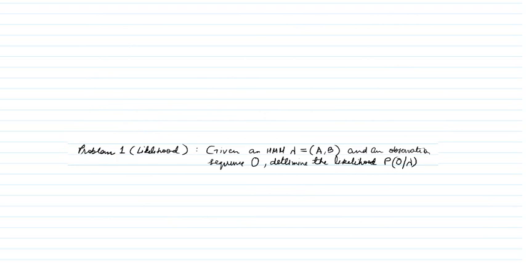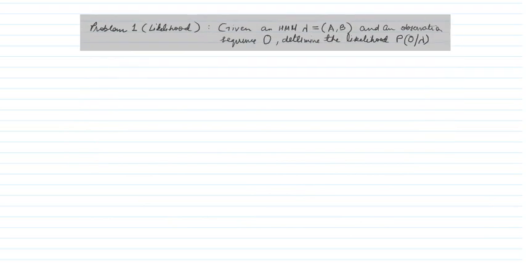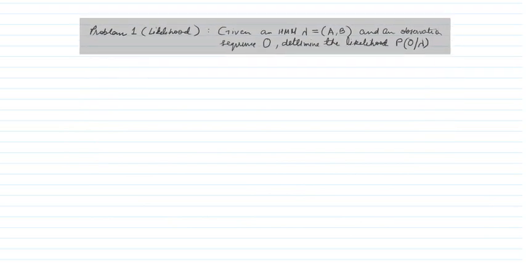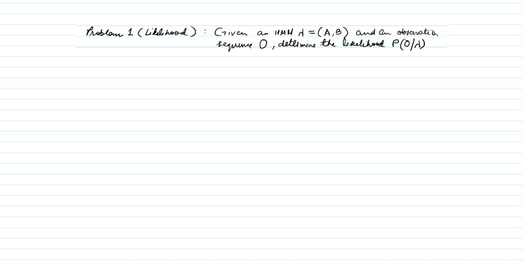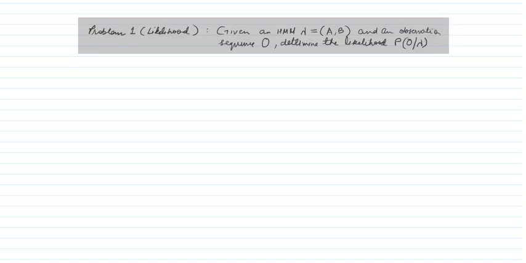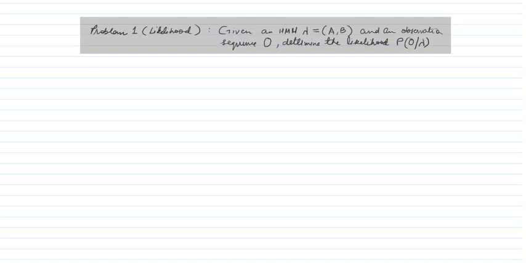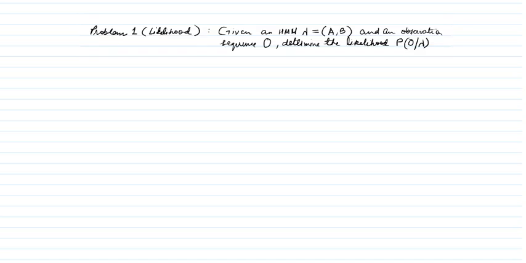What is this problem? This problem is actually just calculating the likelihood of a particular sequence. It means that I am given some sequence. Here I am not given states, but I am given some sequence.